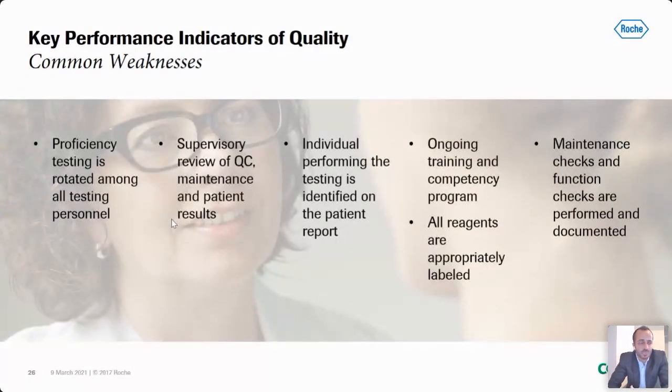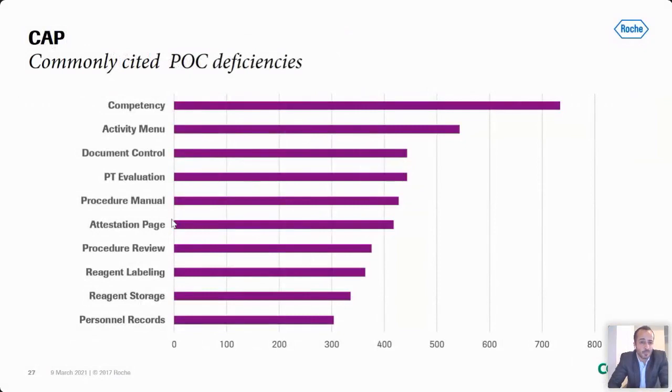Ongoing training and competency program, and this is what we said. It's one of the important findings, or citations, that we have identified inside CAP. Looking at the commonly cited point of care deficiencies, the main one is competency. Unfortunately, the point of care device, by its nature, is easy to use, very friendly, and basically plug and play.